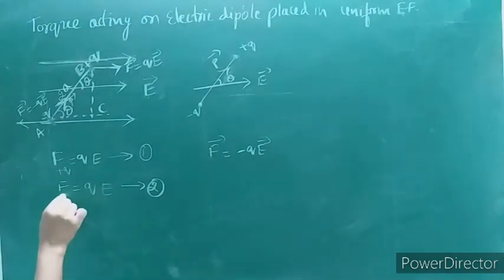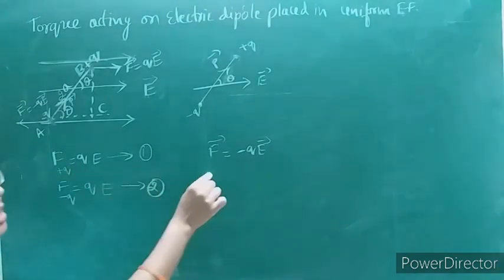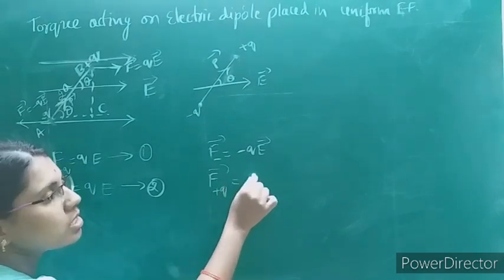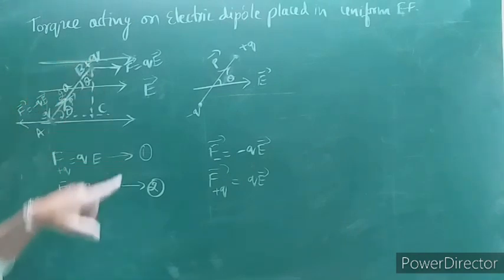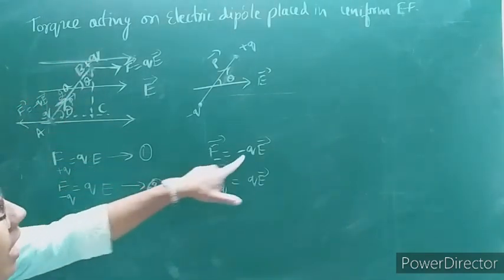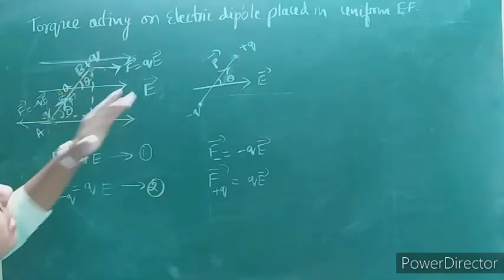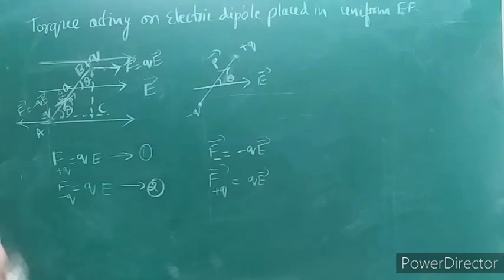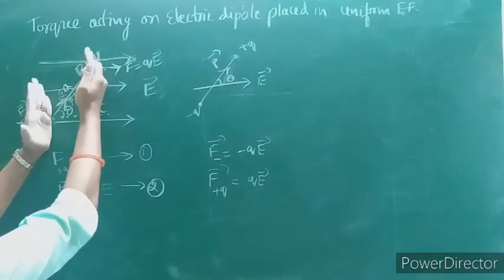The force due to the positive charge and the force due to the negative charge are the same in magnitude but opposite in direction. So we say that in the dipole, two equal and opposite forces are acting at different lines of action. Different lines of action means, see, this is one line of action and this is another line of action.